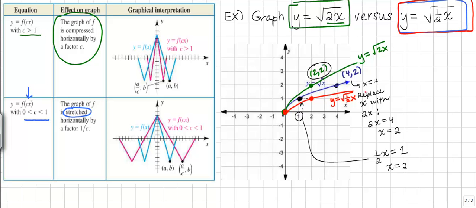So in a sense, the horizontal compression means your graph is pushed back toward the y-axis. That's this guy, compression.